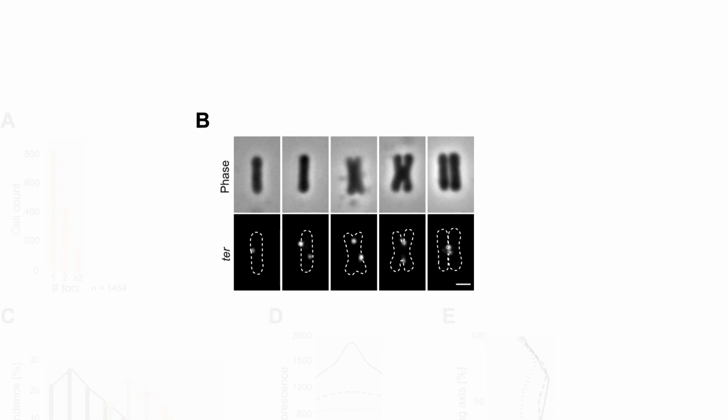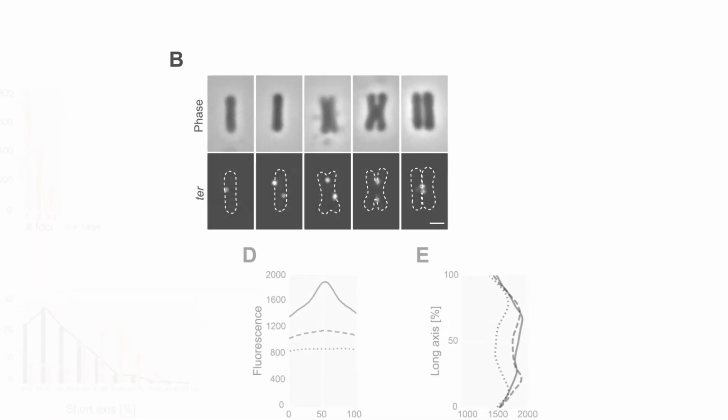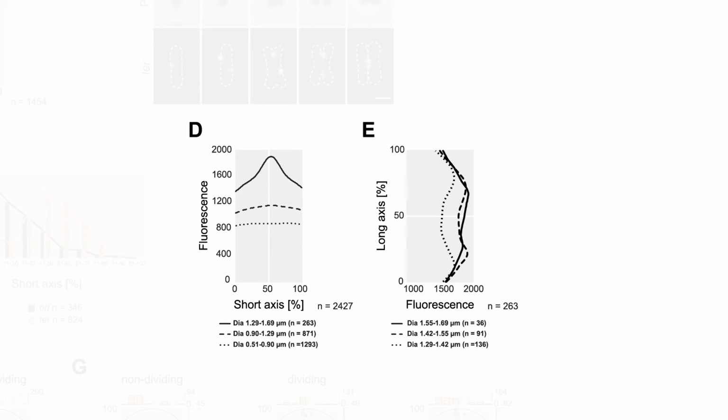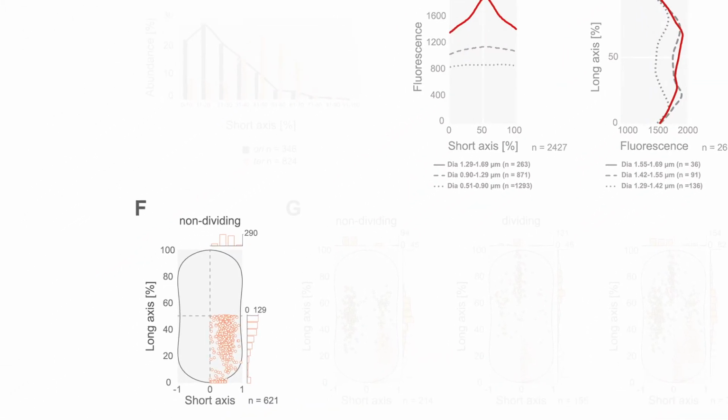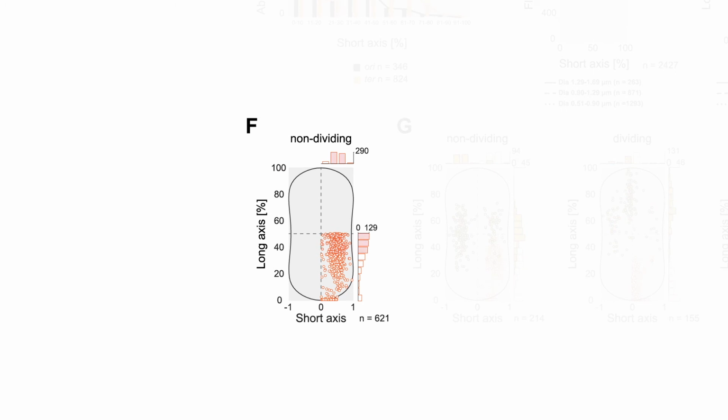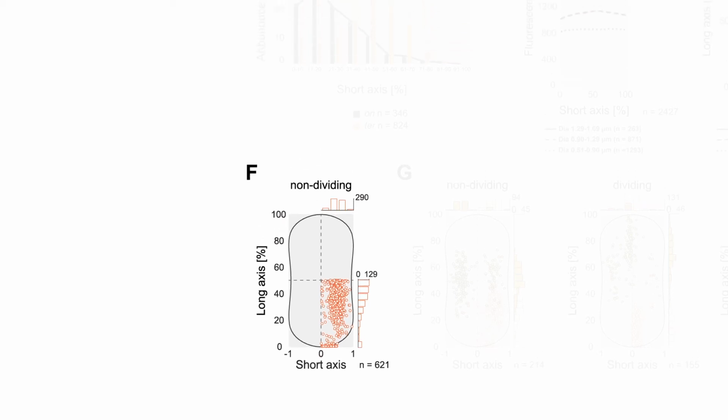Finally, as septation progresses, each migrates towards midcell. Panels D and E show this migration towards the division plane and towards the cell center when approaching the end of the cell cycle. In non-dividing cells, the ter position on the long axis resembled that of ori, whereas on the short axis, ter appeared closer to the cell envelope than ori. We concluded that the symbiont chromosome is transversally organized.